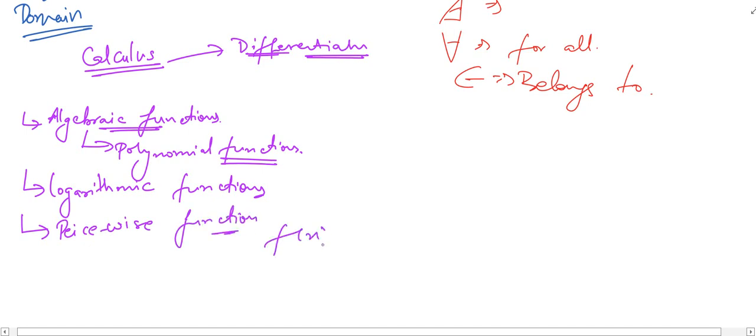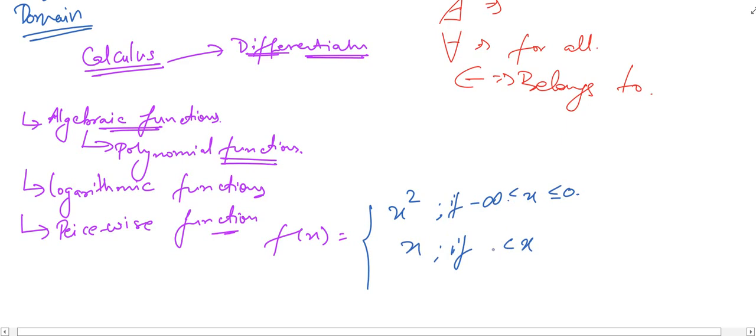If there is a function f(x) which is defined like this: it's x squared if x is from minus infinity to 0 or equal, and if x is greater than 0 to infinity, right?